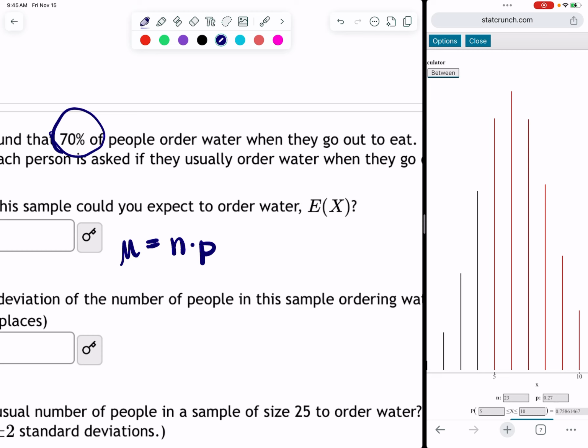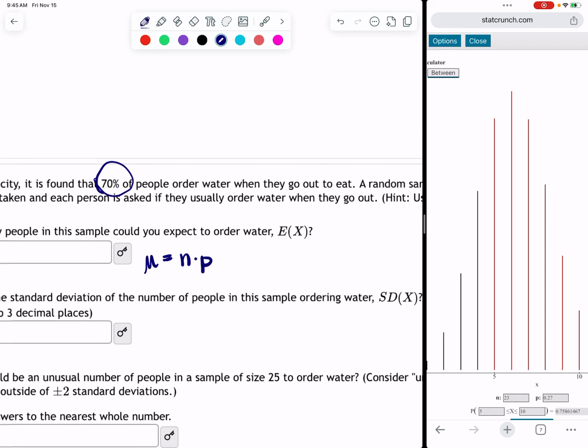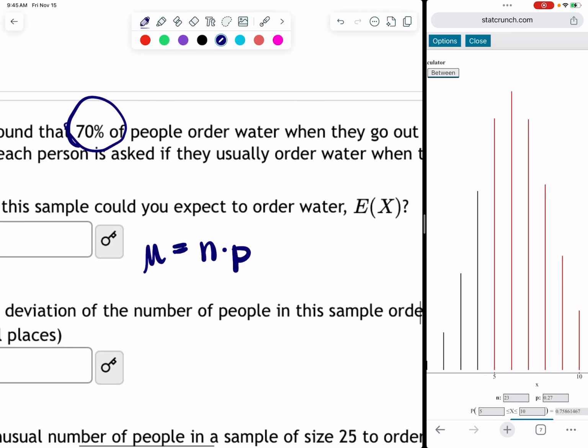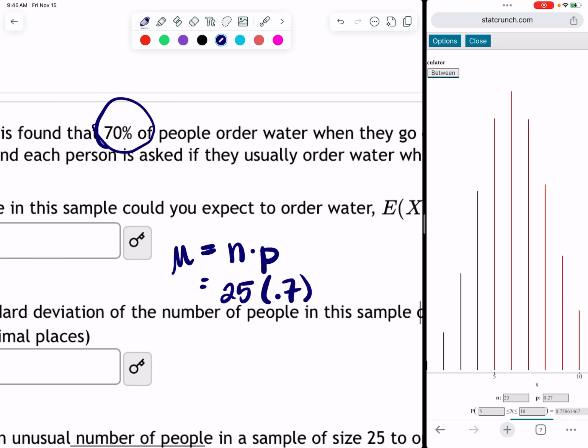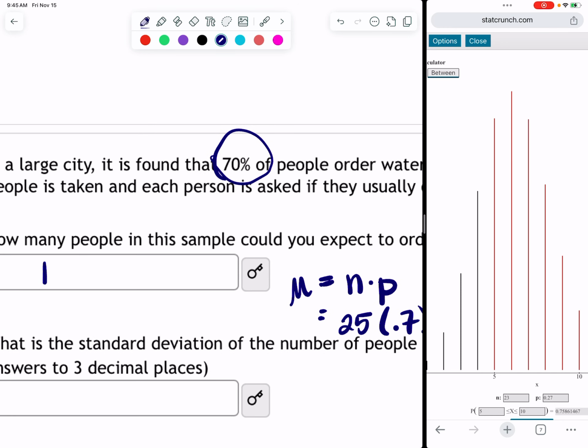So I am going to multiply 25 times 0.7. And again, because I love you, I am not going to do that in my head. So I have an expected value of 17.5.